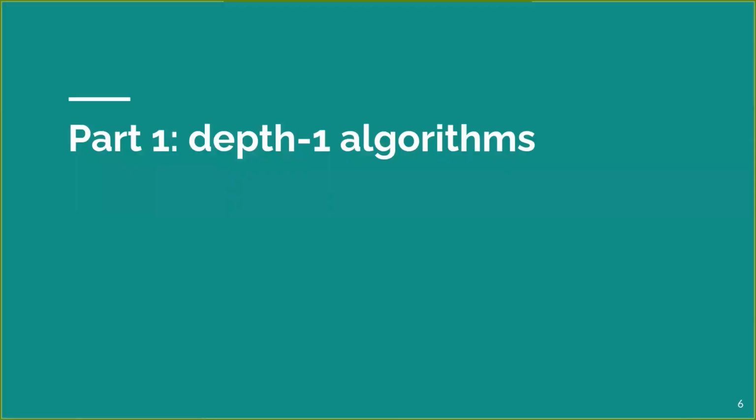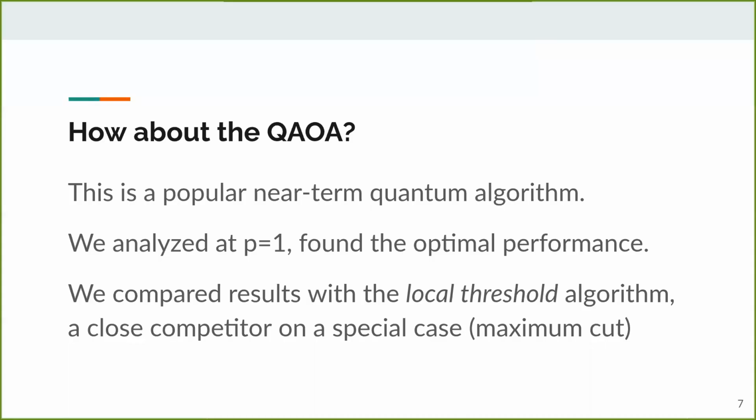So I'll start by looking at depth 1 algorithms. These are 1 local algorithms. I'll be comparing a popular quantum algorithm with a similar classical algorithm that it should be competitive with. The QAOA, or the quantum approximate optimization algorithm, is a really popular near-term quantum algorithm.